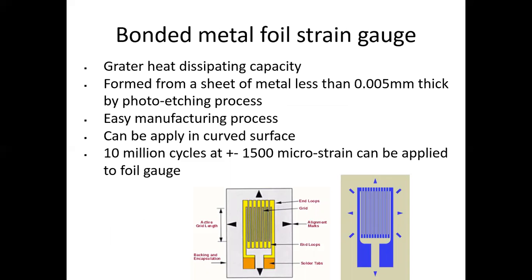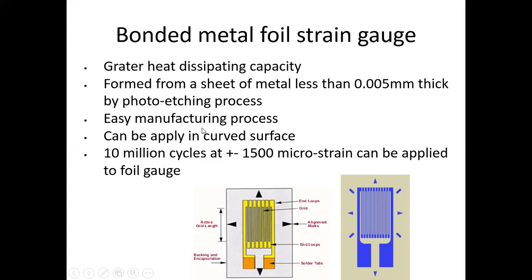Second one is bonded metal foil strain gauge. In that, the outer bonding is fixed. It has greater heat dissipating capacity. The strain gauge is made from a sheet of metal less than 0.005 mm thick by photo etching process.